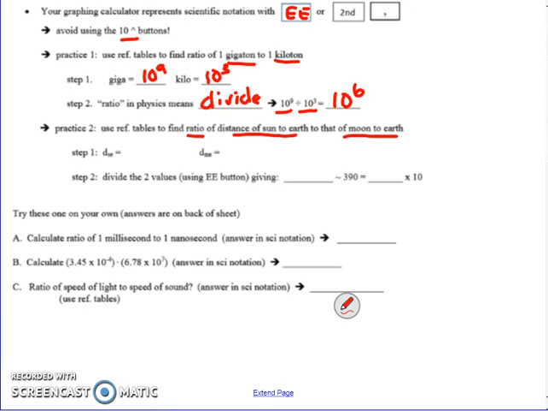Look on the reference tables, and I see it's about 10 to the 11th meters away. Okay, 1 followed by 11 zeros, so 100 billion meters away. On the other hand, the moon is much closer, and that's roughly 10 to the 8th meters. Okay, so 100 million. So now we're going to divide the two values using our EE button.